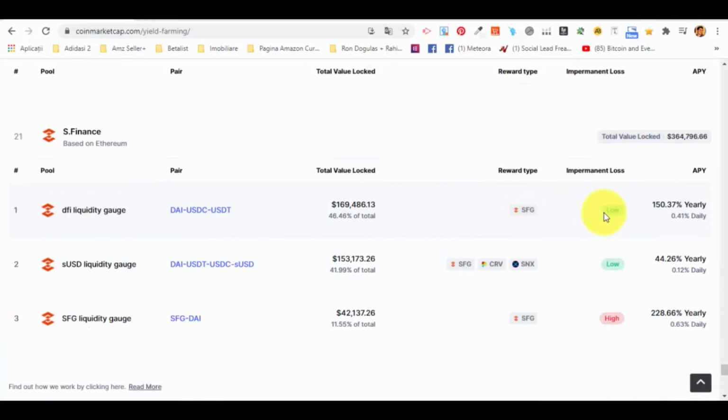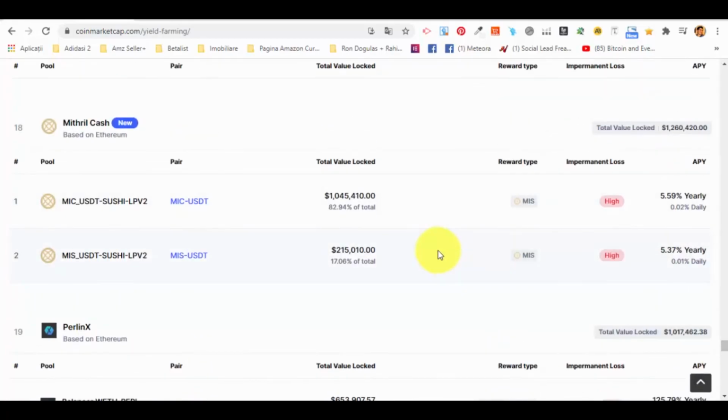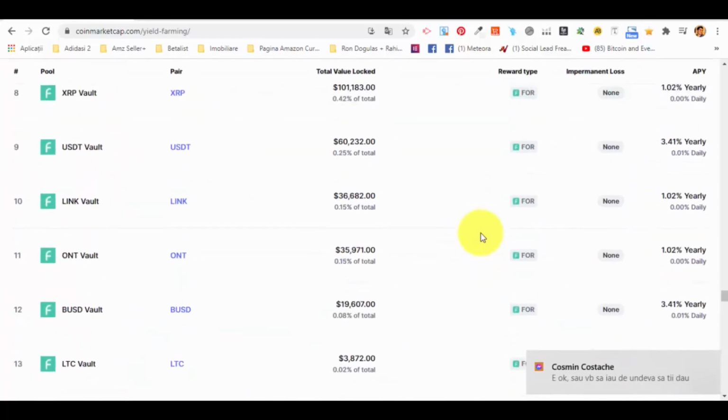And again, for S-Finance we can see that the total value locked is pretty small, so we wouldn't go for something like that, but again, these are your decisions, you know what to do. We are just showing you information.